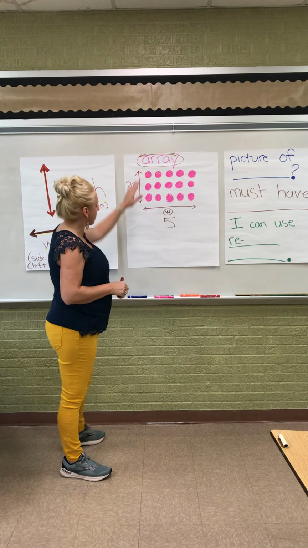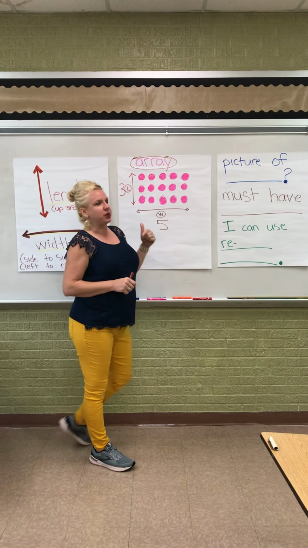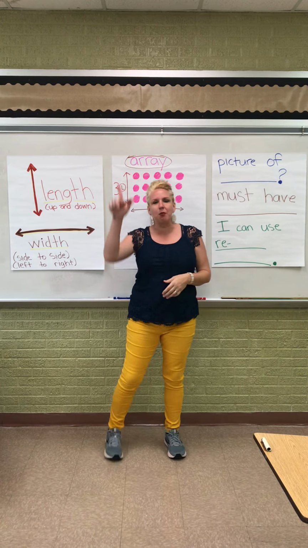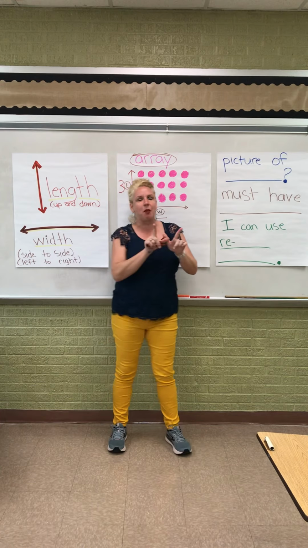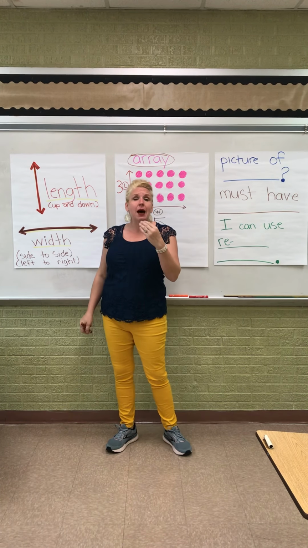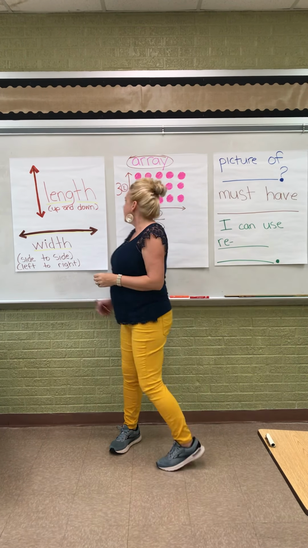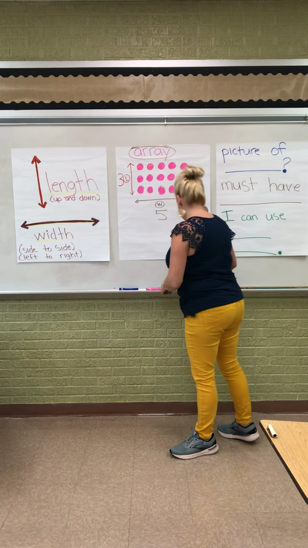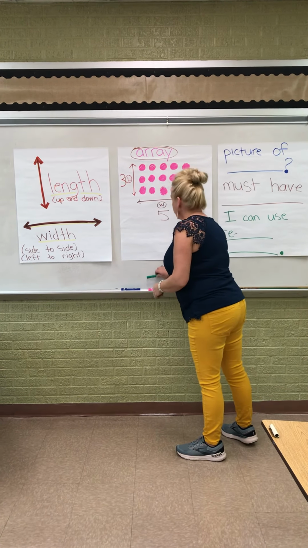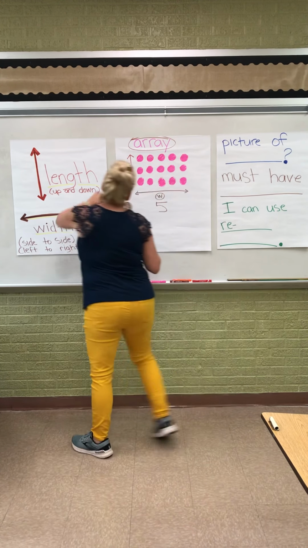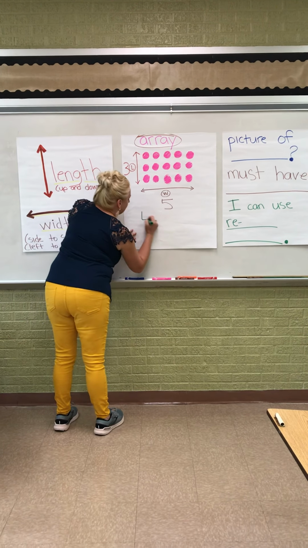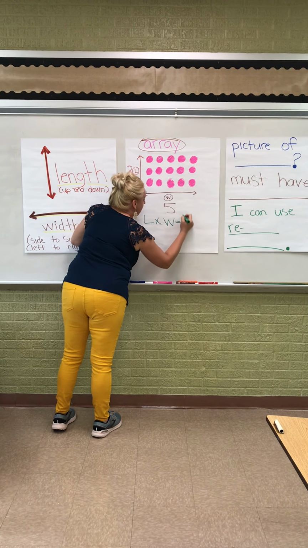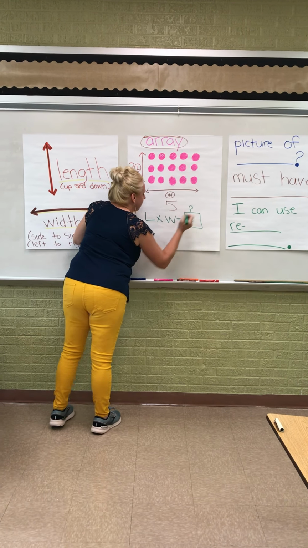Now, we are doing multiplication. Multiplication means that I can put things in equal groups, and I can multiply my length times my width, and that will give me my multiplication problem. All right? So from this array, let's create a multiplication problem. Okay? So we're going to come down here, and we're going to make a problem. So my length times my width will give me the answer that I need.